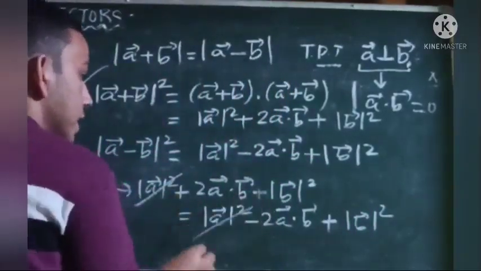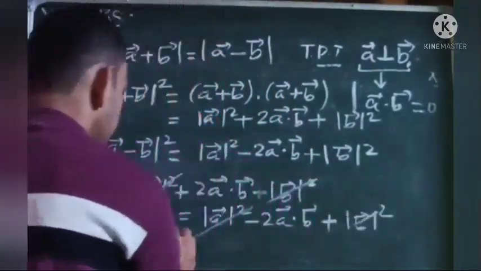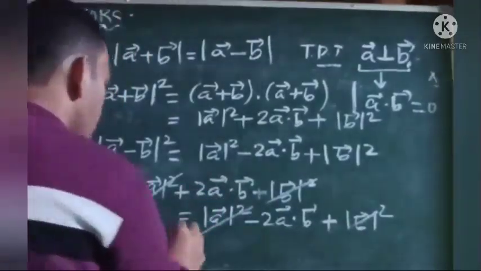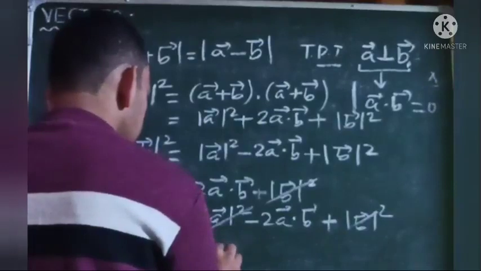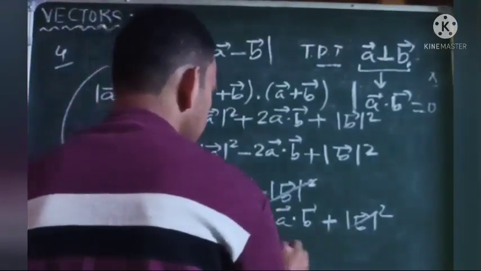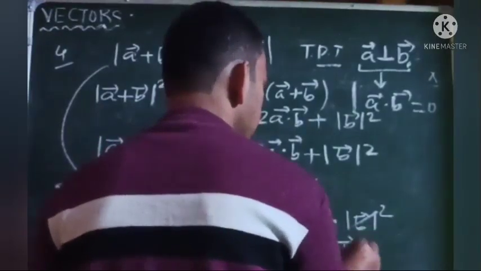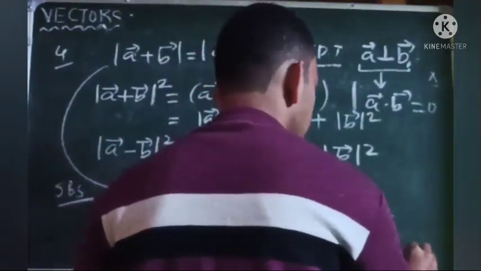Both these terms get cancelled. Therefore, we are getting 4 times A vector dot B vector equal to 0, or A vector dot B vector is equal to 0. Therefore, A vector is perpendicular to B vector, hence proved.